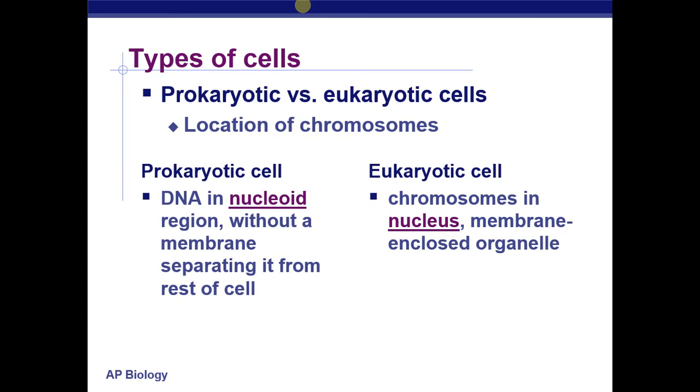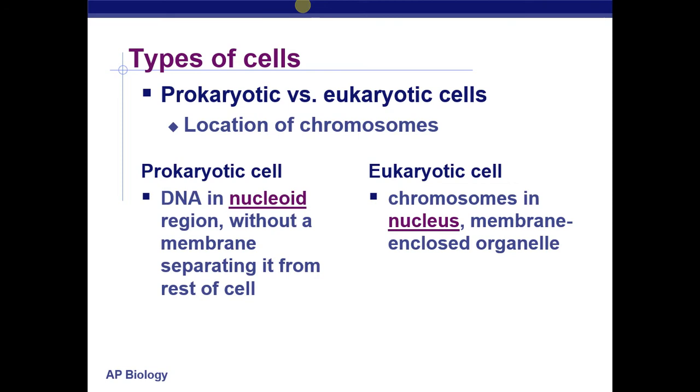Going off of that, there are two types of cells. All living things are made up of either prokaryotic cells or eukaryotic cells. In prokaryotic cells, the DNA is stored in what we call a nucleoid region, and there is no nucleus.